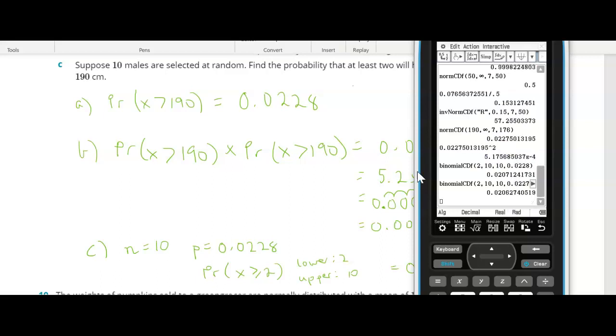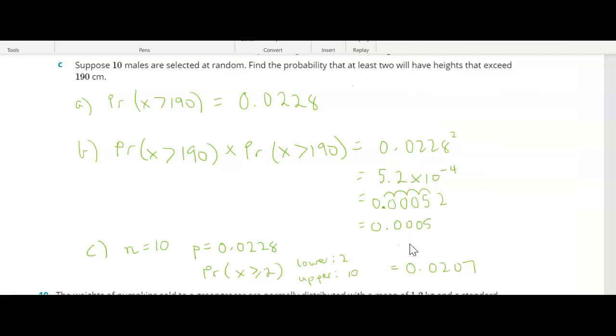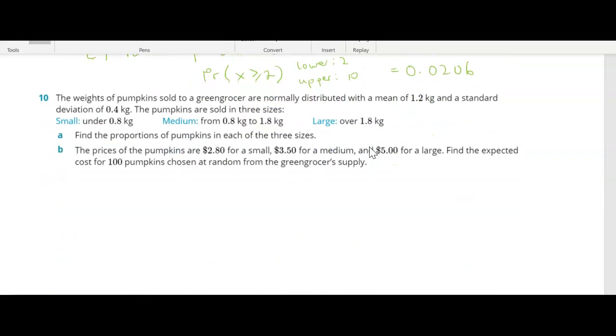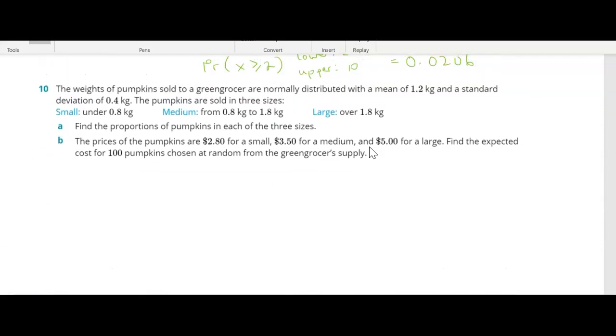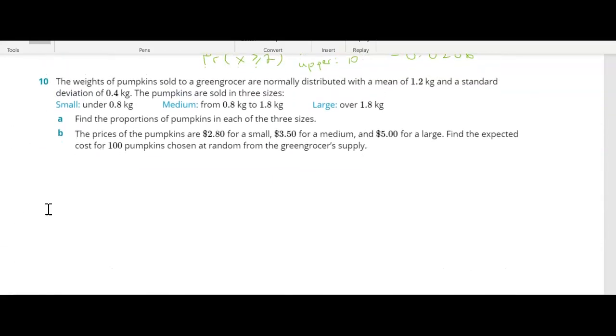So you can see it's 0.0206. So I'm going to change that 7 to a 6. So just be careful with your rounding, which I'm not. I should have been from the start. All right, how many questions have we got to go? Quite a few. So guys, if you're getting the hang of it, it's probably a good idea to just pause and have a go at doing it yourself.